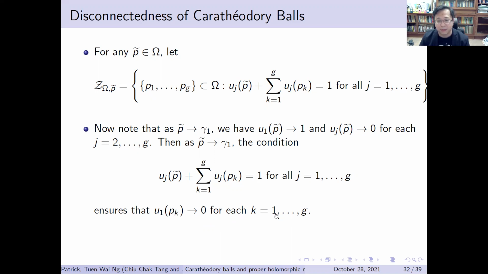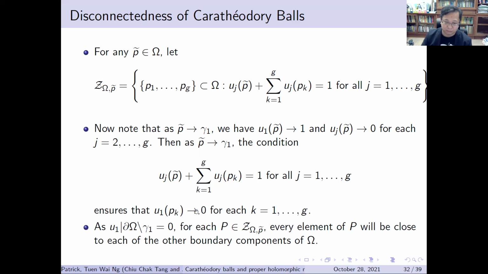So for each p_k from 1 to g, the value evaluated at u1 will go to 0. Therefore, just from here and using the fact that those u_i are harmonic measures on the boundary, this p_k actually will tend to the other boundary circle of omega. That's something useful to know.